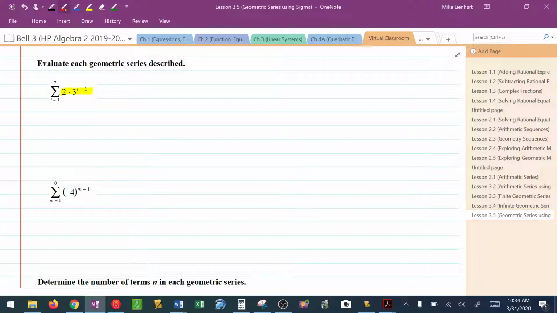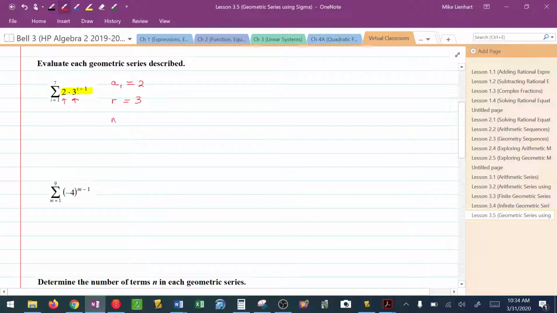In order to figure out a geometric series that is finite, I need the following information. I need a sub 1. I know that a sub 1 in this case is 2 because that's what's in that position in the formula. I need to know r. I know that r is 3 because, again, that's what's being raised to a power.